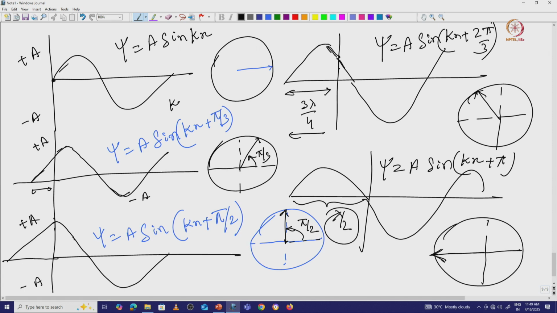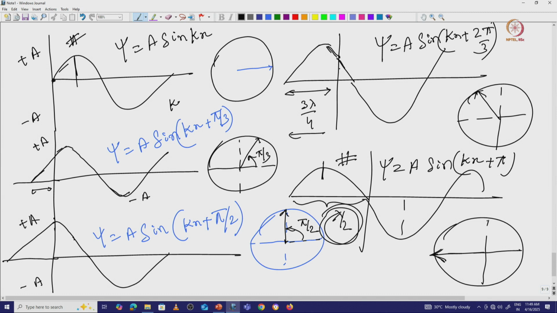But when there is a lambda by 2 path length difference between this wave and this wave, if we compare, you can see they are in opposite phase all the time. So, if there is a lambda by 2 path length difference, there will be opposite phase, but if there is a lambda path length difference, they will be in phase.